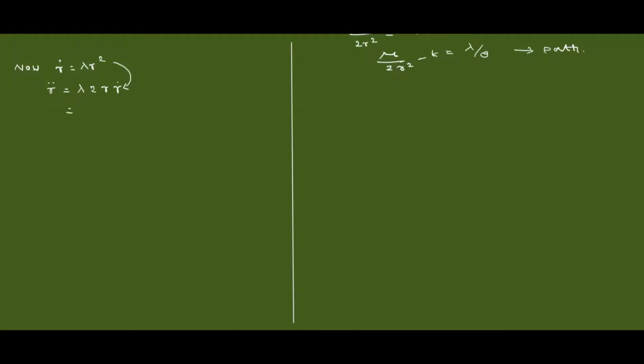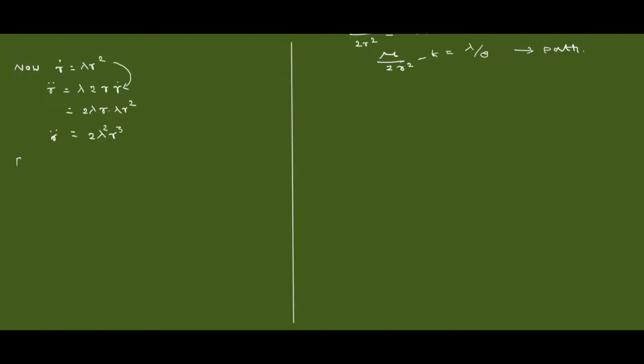So this is equal to 2 lambda r into r dot value, which is again lambda r square. So total we can write it as 2 lambda square r cube. This is the value for r double dot.